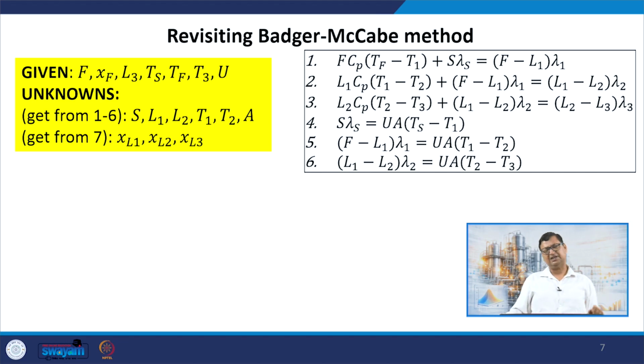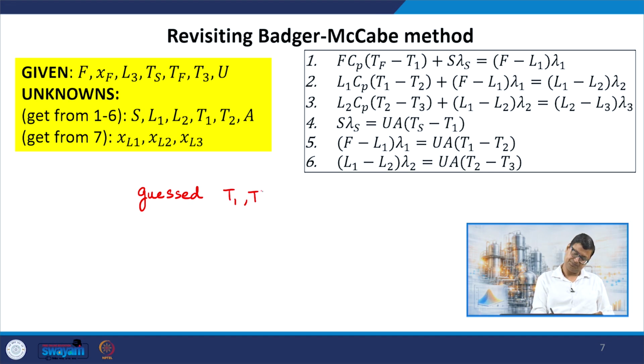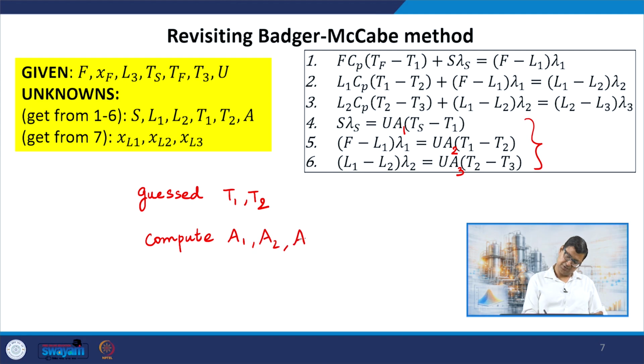In the method that we have described, what we have done is we have guessed the T1 and T2, and once we guess the T1 and T2, we go to the last 3 equations, and instead of the area variable A, we introduce the variables A1, A2, A3, and we compute A1, A2, A3.